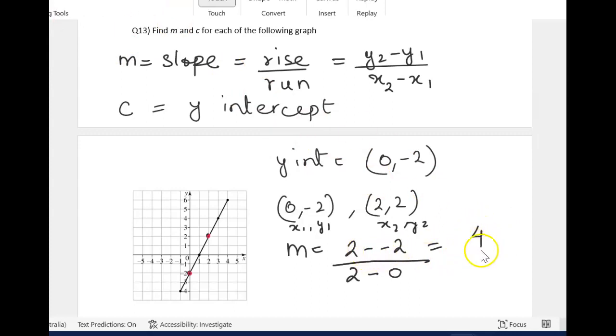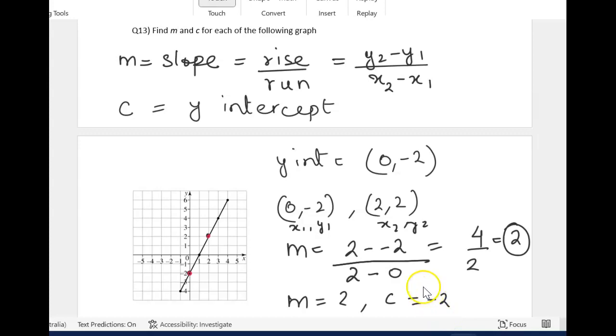So 2 negatives make a positive over 2, which is just 2. Okay, so that means your slope is 2. Now all you have to do is you have the slope and you have the c. You might be given few options, select the right one. Okay, so your m is 2 and your c is we found that, which is -2.